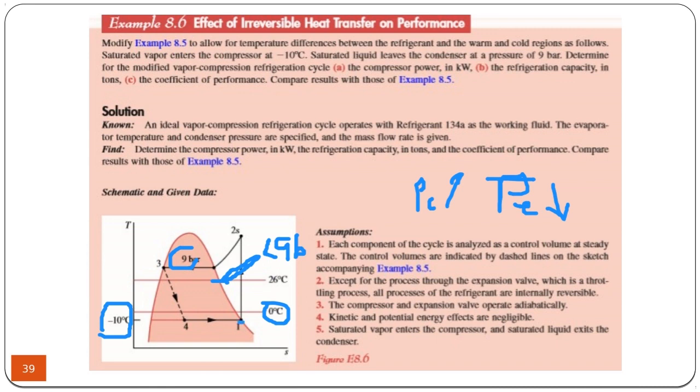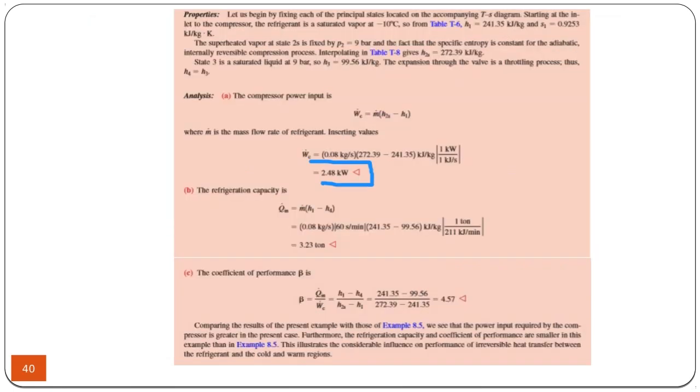That means this compressor requires more work than the previous one. The first compressor had a requirement of 1.48 kilowatts of work power, while this one requires 2.48 kilowatts. It requires more work.